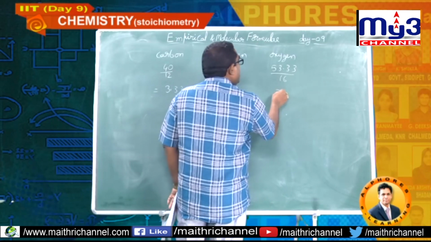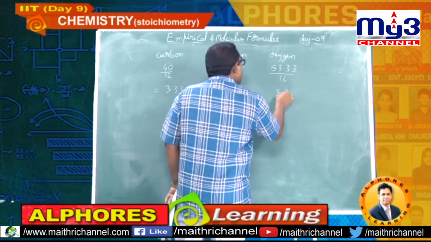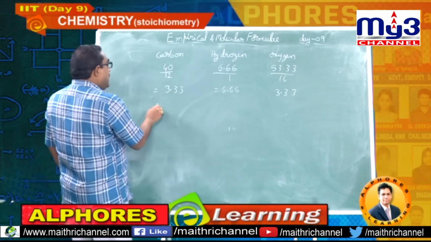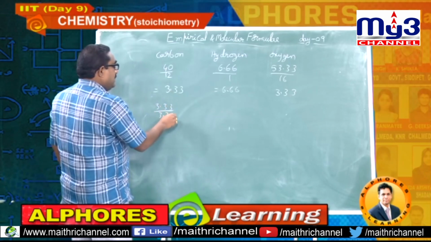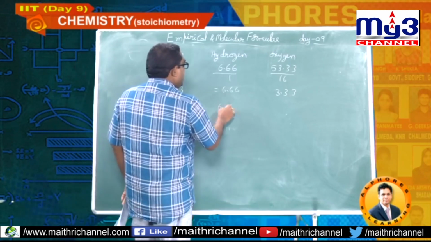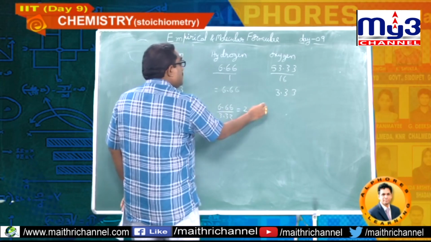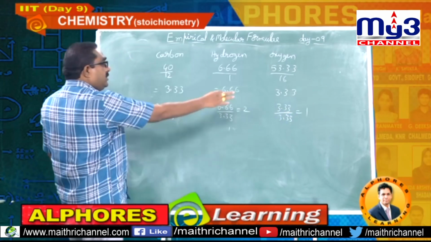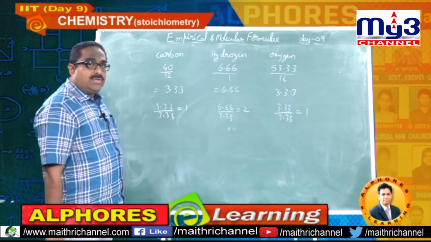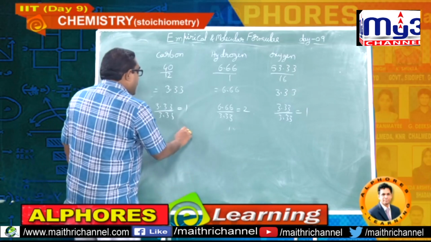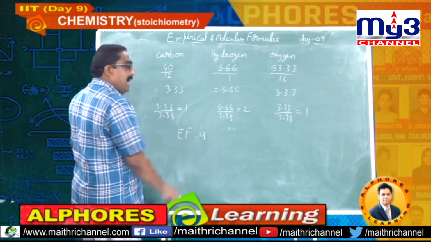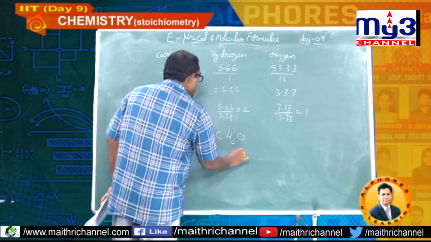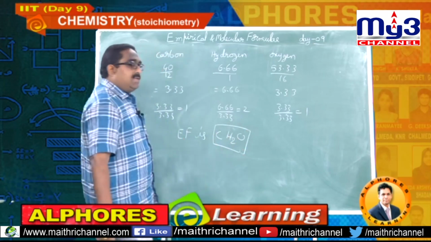Here 53.33 by 16 is again 3.33. The least number among them is 3.33, and again you have to divide with 3.33. This is 1, 6.66 by 3.33 is 2, and 3.33 by 3.33 is 1. So the simple ratio I got now is 1:2:1. So I can write the empirical formula as CH2O. This is your final answer, students.